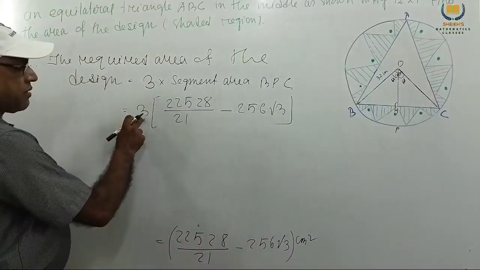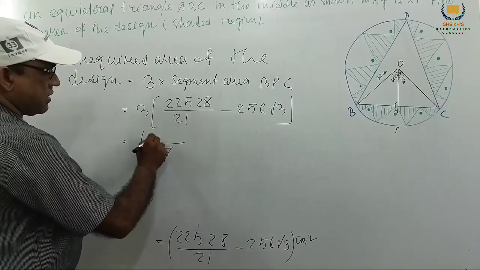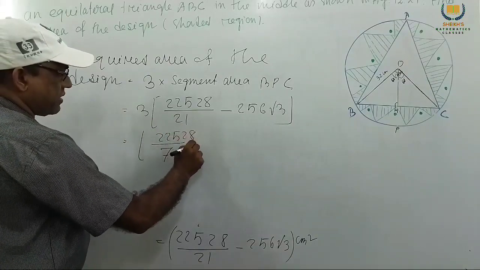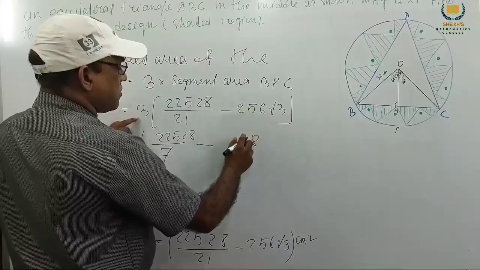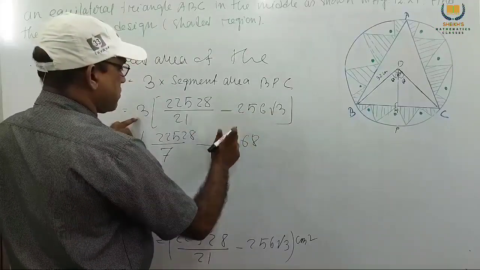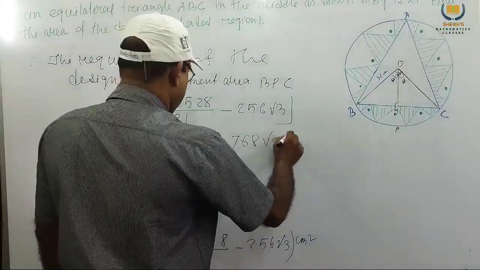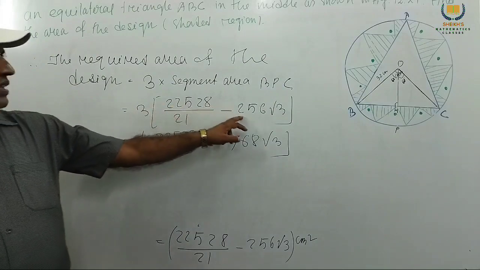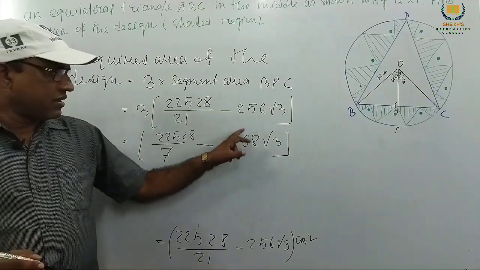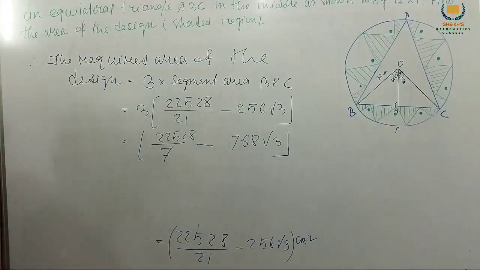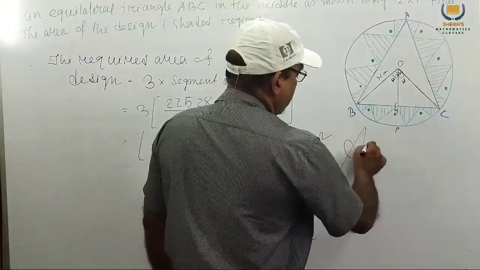If we multiply by 3 with this, the 3 cancels and we get 7, and 22528 remains, and again if we multiply 3 into this, we get 768√3. Multiplying 3 with this and with this, the 3 cancels and we get 7, and 256 into 3 gives 768. This is our answer in centimeter square. This is the final answer.